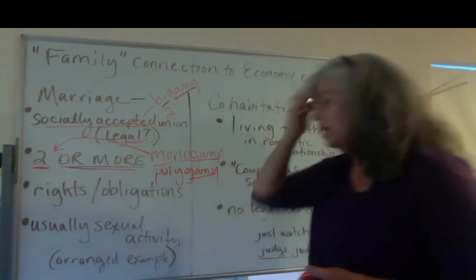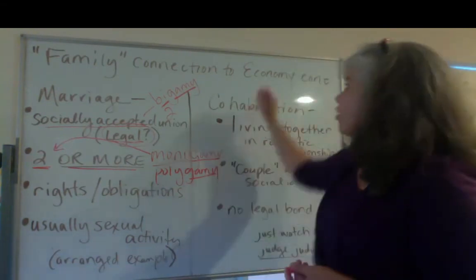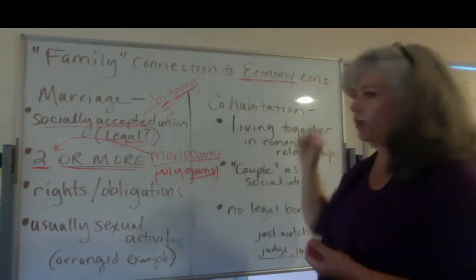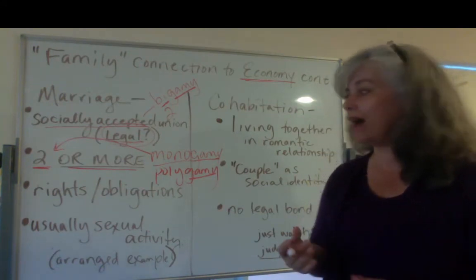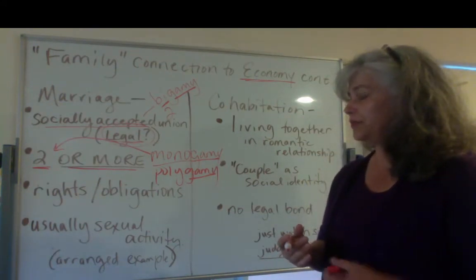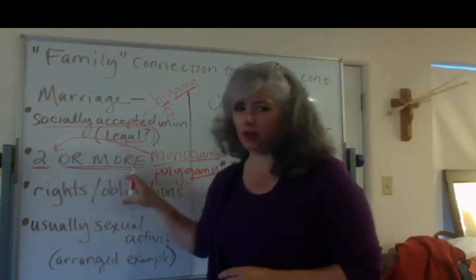And it's because of the legal protections, benefits, rights, obligations that are extended to married people in the economic structure and in the government structure that we have in the U.S. Okay? So that's why the two or more people are here.